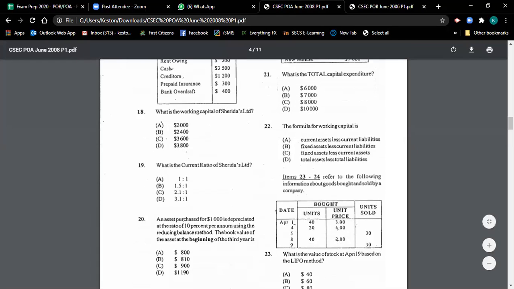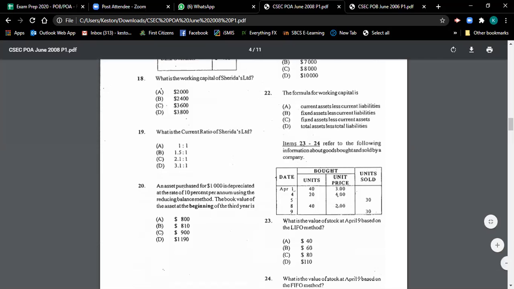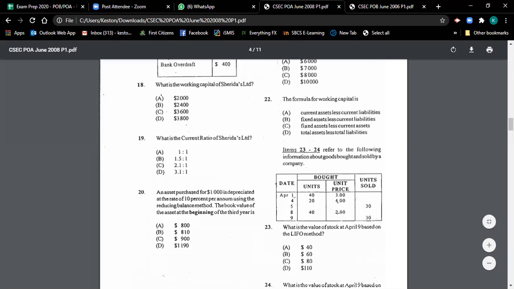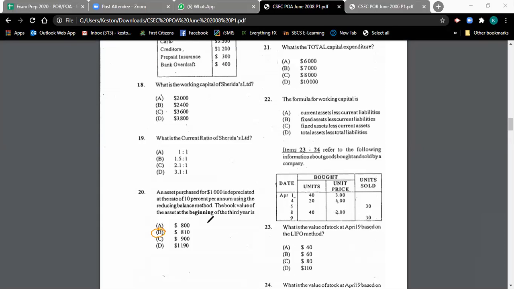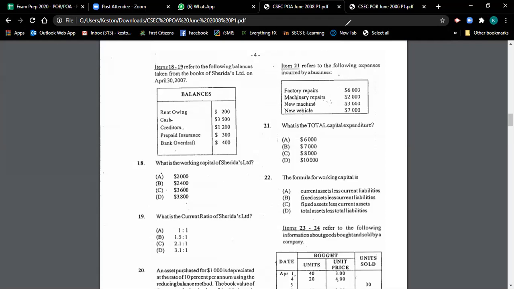20. An asset purchased for $1,000 is depreciated at a rate of 10% per annum. Using the reducing balance method, the book value of the asset at the beginning of the third year is... Very good. I have answers here already. 810, B. Well done. Number 21. What is the total capital expenditure?